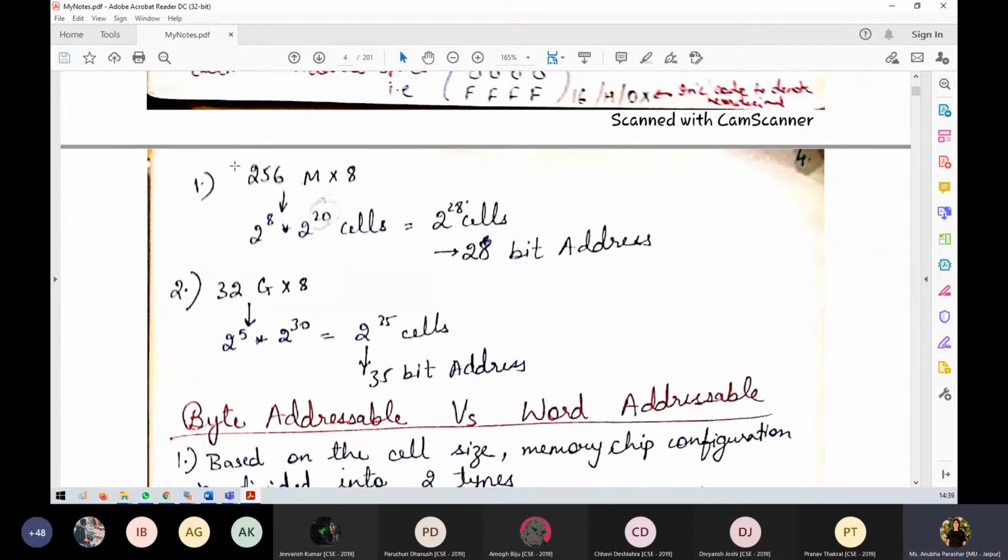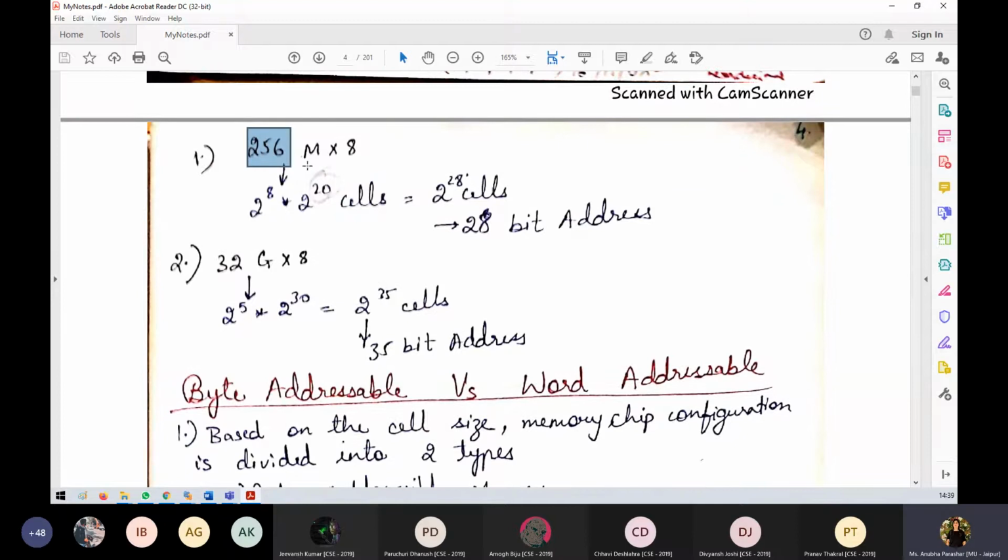Next, if you get any such values, you have to be sure that you are able to calculate. Like if you see 256 M, M means megabytes. How can I say whether it is bits or bytes? If it is written as 8, you can always assume it is bit.